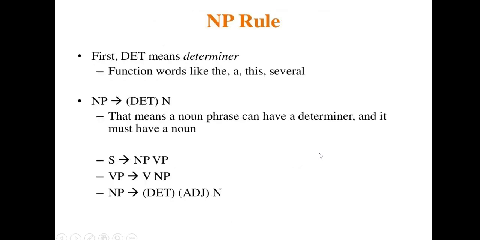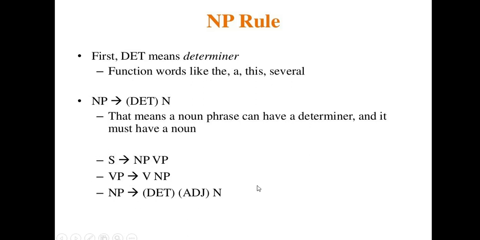So let's continue. Now we are going to see the noun phrase rule. First, you know that DET means determiner, and this involves function words like the, this, several, and many others. A noun phrase, as I told you, can be composed of an optional determiner plus a noun. That means a noun phrase can have a determiner, and it must have a noun.